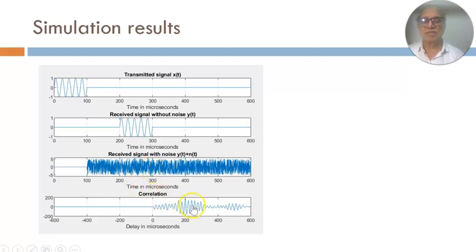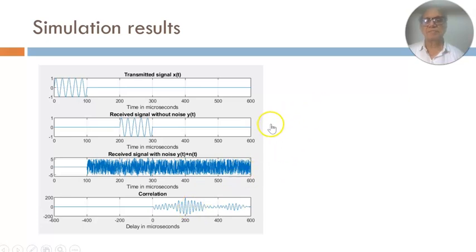So this correlation most of the time will have a value corresponding to the correlation of the transmitted signal and the clean received signal. And it will become maximum at the delay equal to 200 microseconds, because that is the time when this exactly overlaps the received signal. So this tells us that the delay is 200 microseconds, and then we can calculate our distance.